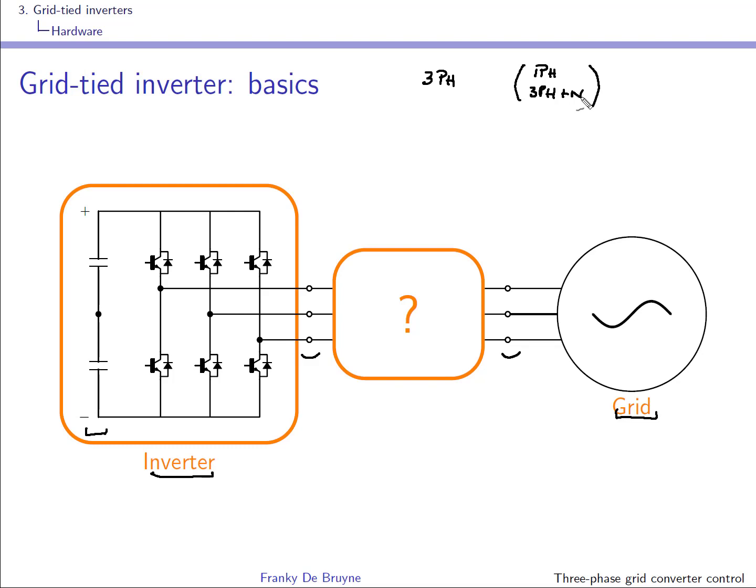And the question is, how are we going to connect the inverter to the grid? Of course we'll have to use passive elements, and this leaves us with three choices: either a resistor or resistors, or you could use inductors, or you could use capacitors.